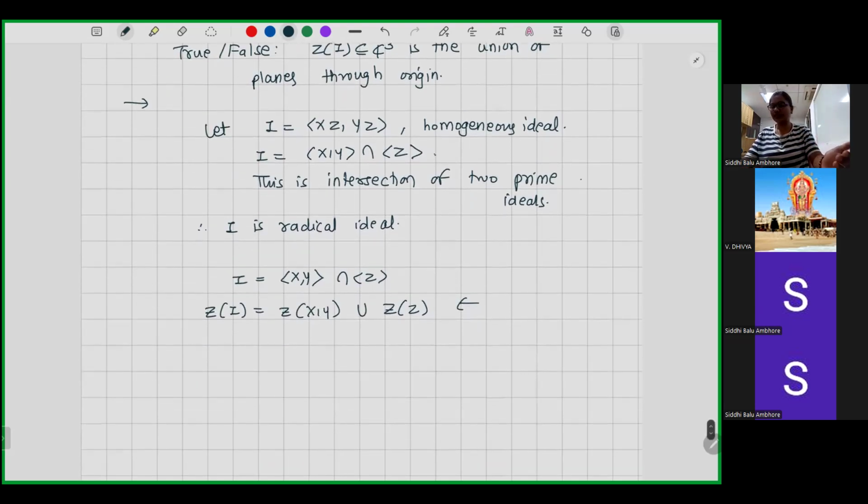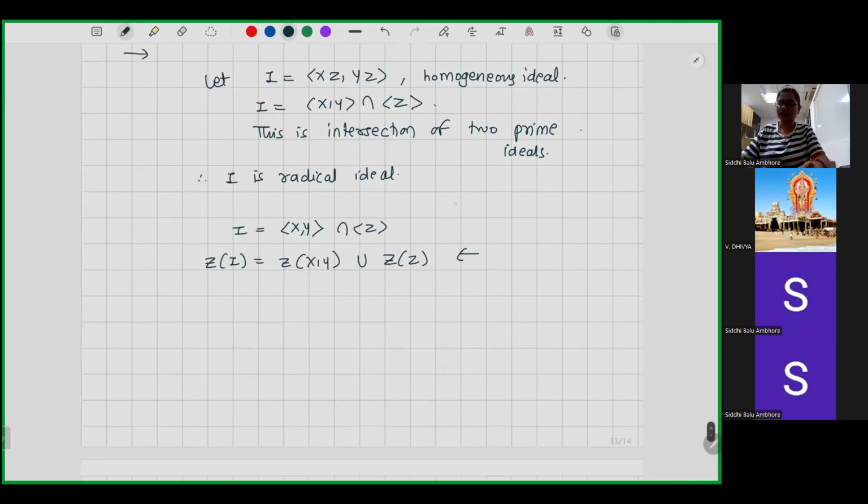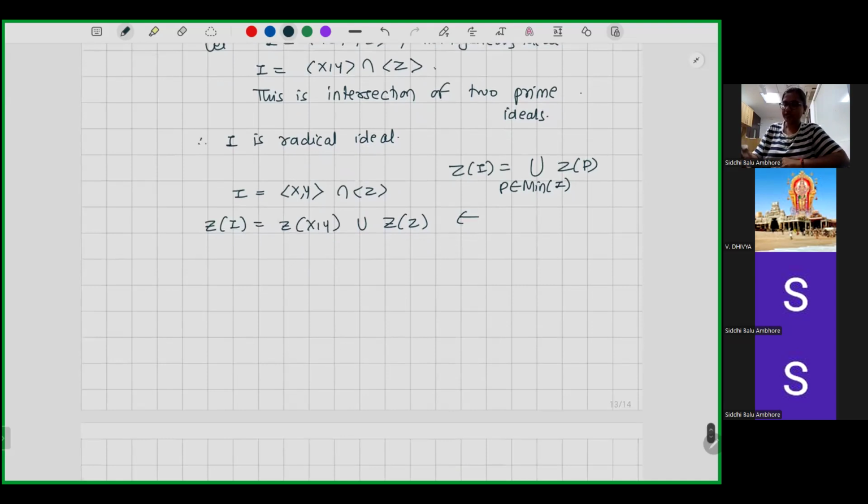We know that Z(I) is equal to the union of Z(P), P belonging to the minimal primes of I. Here I itself is the intersection of two prime ideals, which are also minimal, and so Z(I) will be this.